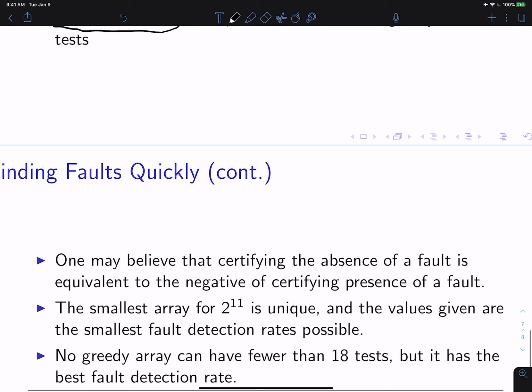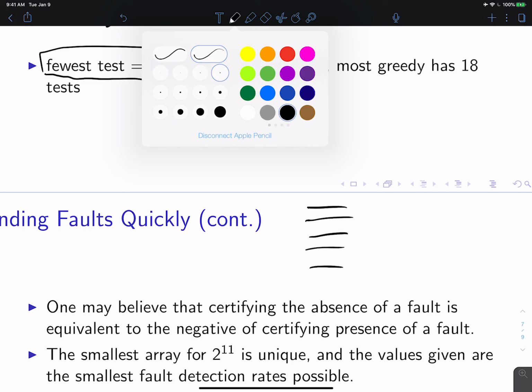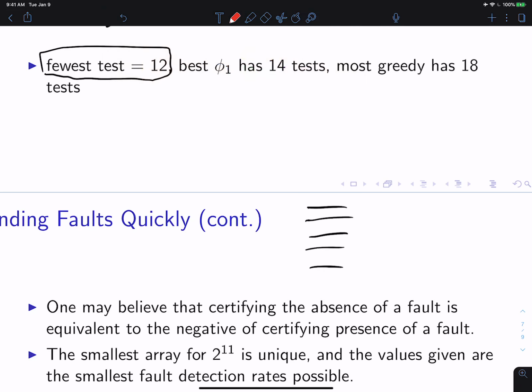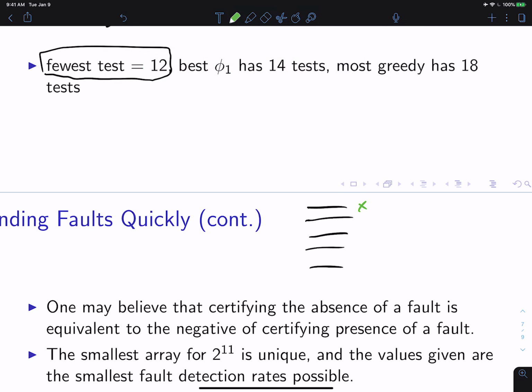So you may be thinking, well, okay, if I have a test suite right here, and I determine that there are no faults in the system, so this one says yes, yes, yes, yes, yes, yes. So every test passes. So this tells us that there is no fault in the system.